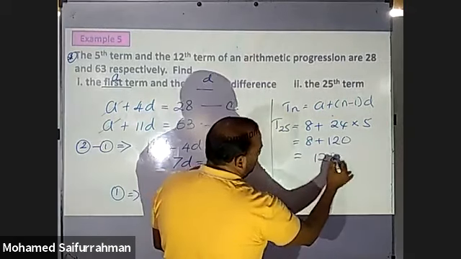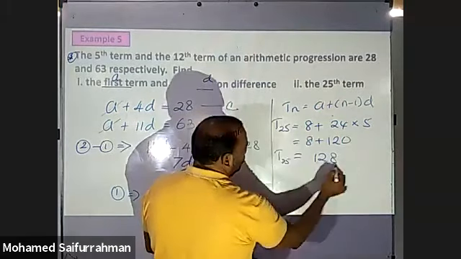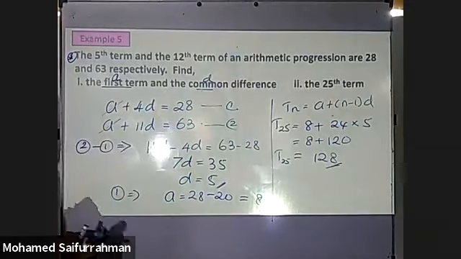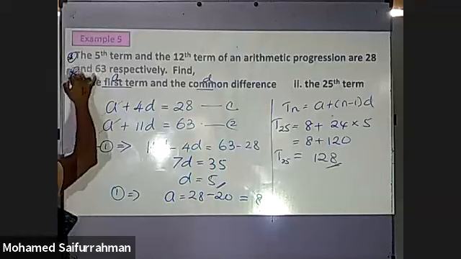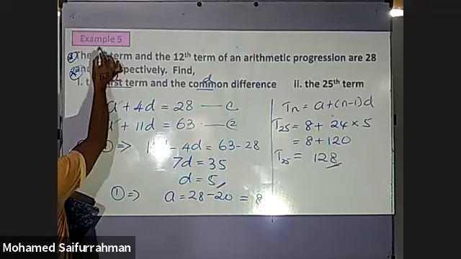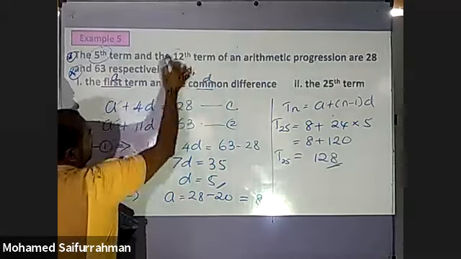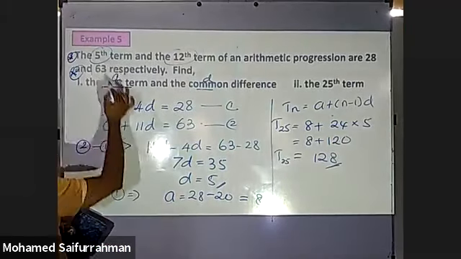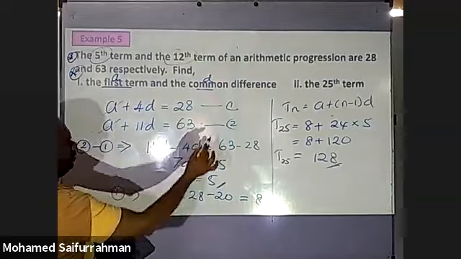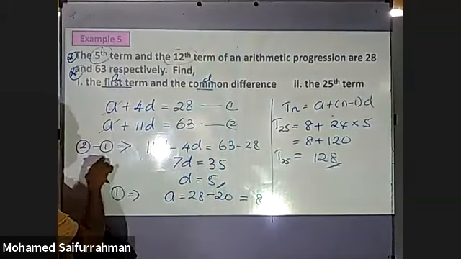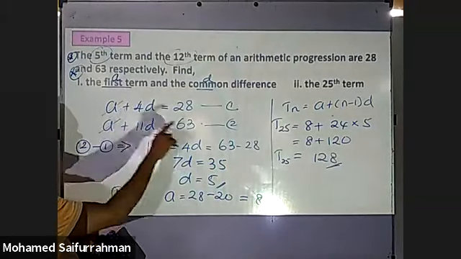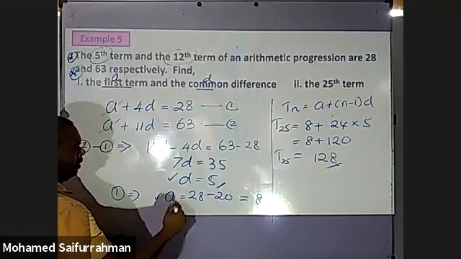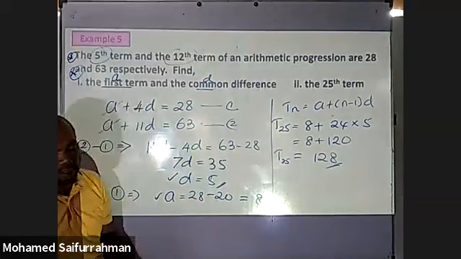So the answer is 128. So this is very important. The 5th term and 12th term should be written in equation form, a + 4d and a + 11d, and by subtracting as simultaneous equations we can find d and a, and thereafter the specific terms.